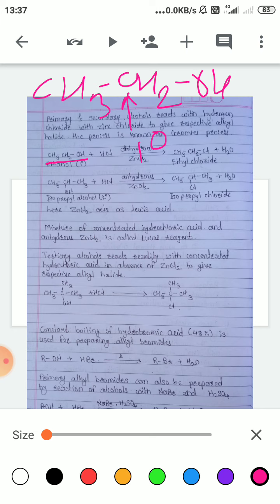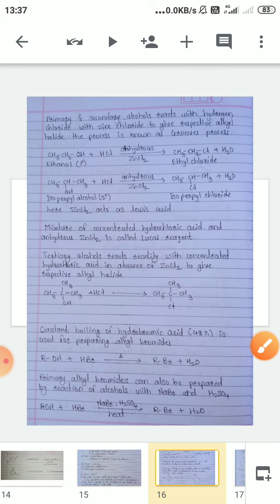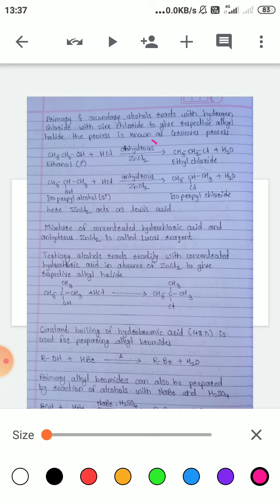Primary and secondary alcohols react with hydrogen chloride with zinc chloride, and therefore we have mentioned on the arrow anhydrous zinc chloride. Then it will give CH3CH2Cl, that is ethyl chloride, with water molecule as a byproduct. In a similar way we can apply this reaction for the secondary alcohols.